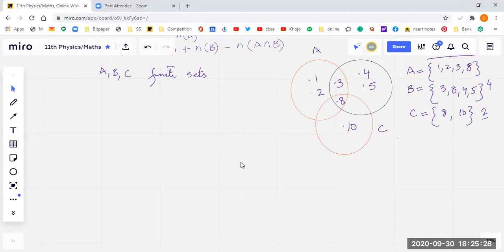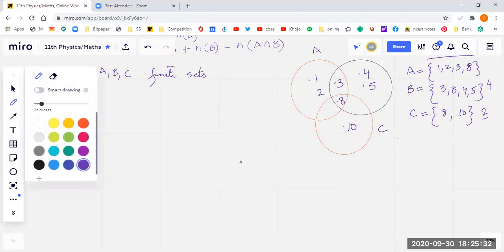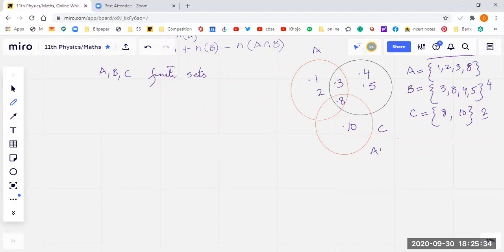Okay, students, can anyone tell me in this case what is A union B union C? It's simple. Just take out the elements of A, don't repeat the common elements. 1, 2, 3, 8.